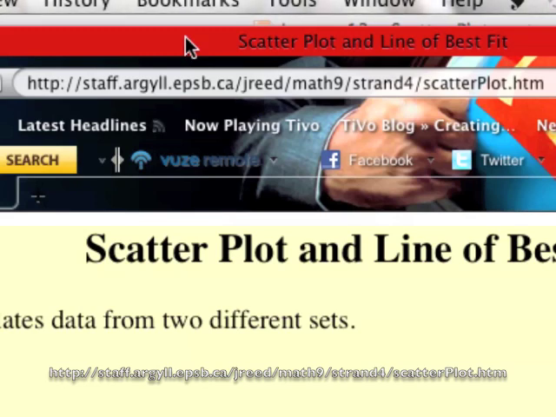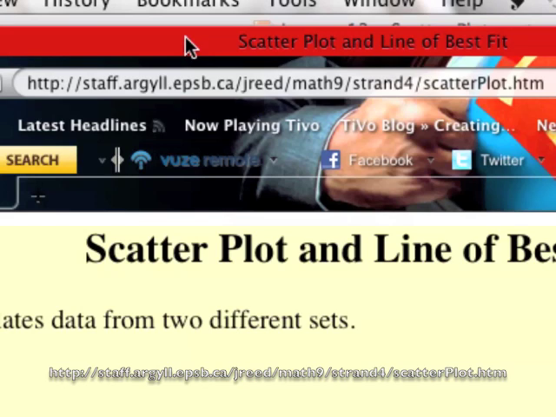What's great about this website is it gives you a blank grid, and it allows you to plot the points on it, and it'll actually form the line of best fit for you. So if you're struggling with some of your examples when doing homework, go to this website. I'll show you right now.